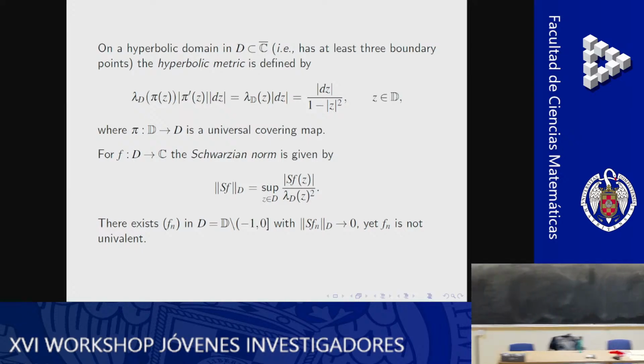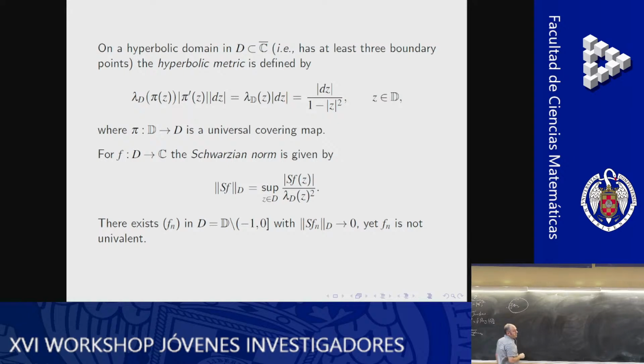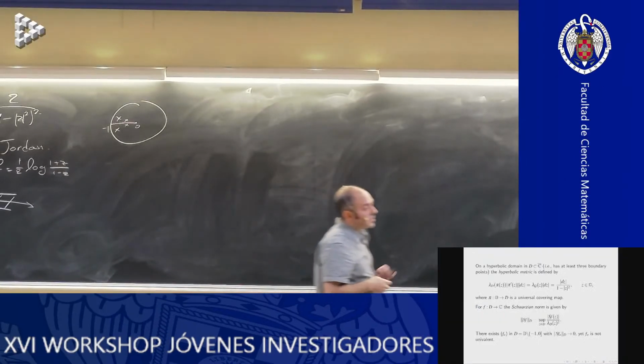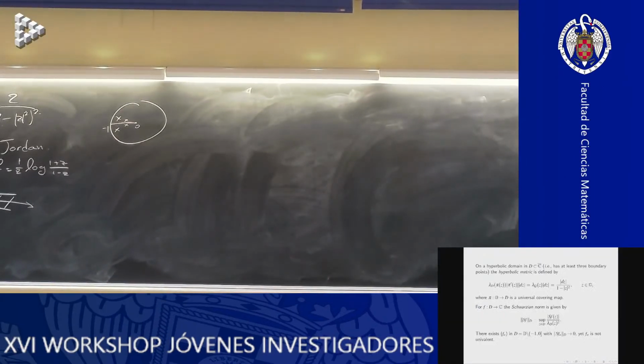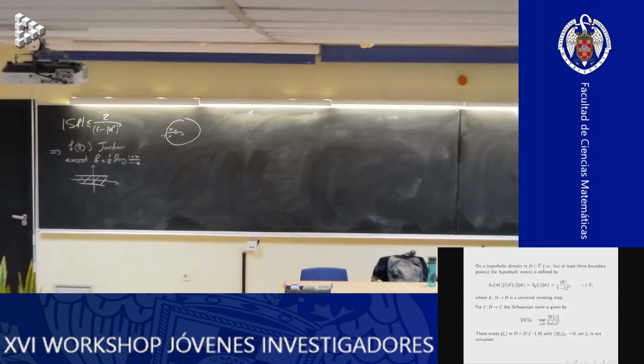In this domain, I can perturb the identity so that I have 3 images over here. It's not univalent, and I have Schwarzian as small as I like. Okay, so this is a bad domain. I cannot have a univalence criterion on that slit disk. I can have it on the disk, but not on the slit disk.